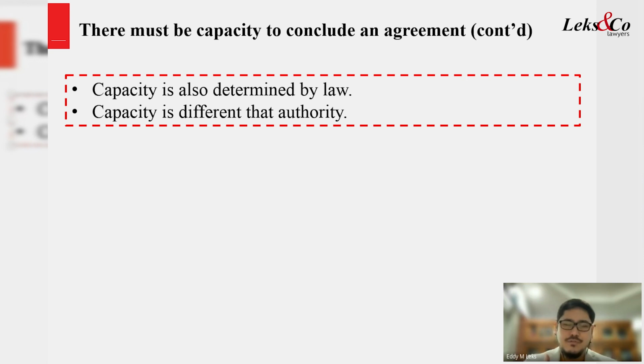Now, this power of attorney is not there. Whether or not this agreement binds the company, well, we have to look whether this guy doing and bringing the company's name without authority is acting in good faith or not.